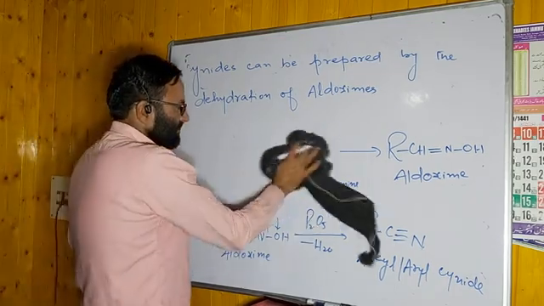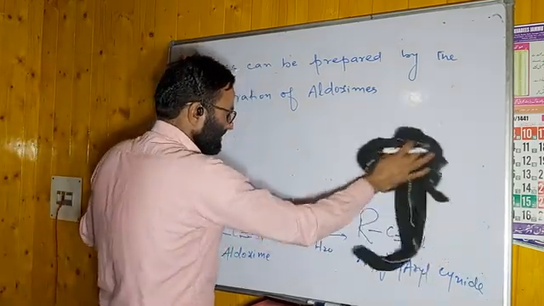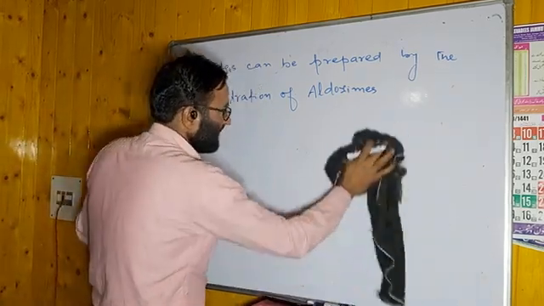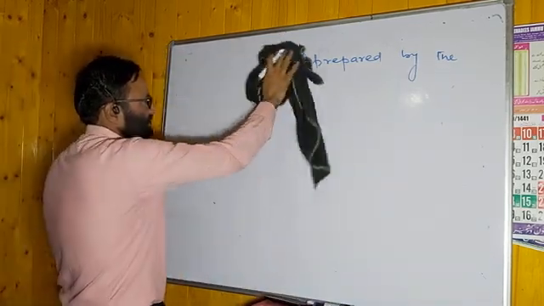This was the 5th method to prepare cyanides, how you can prepare alkyl and aryl cyanides.